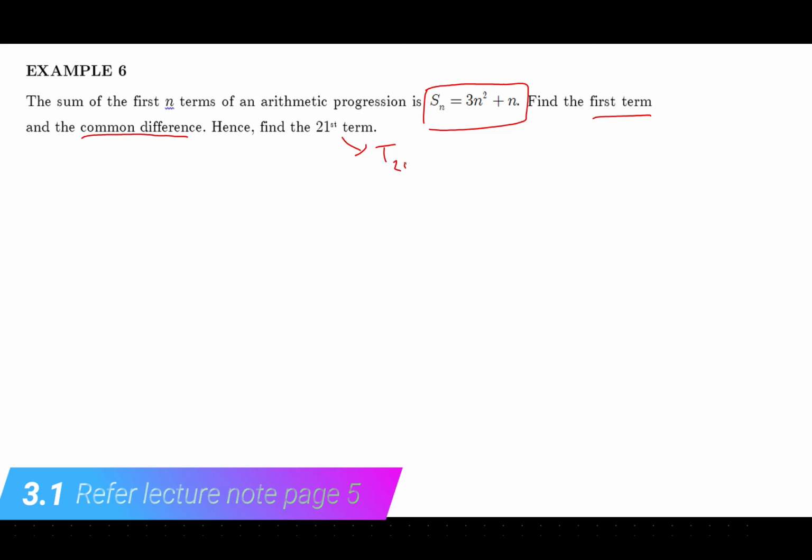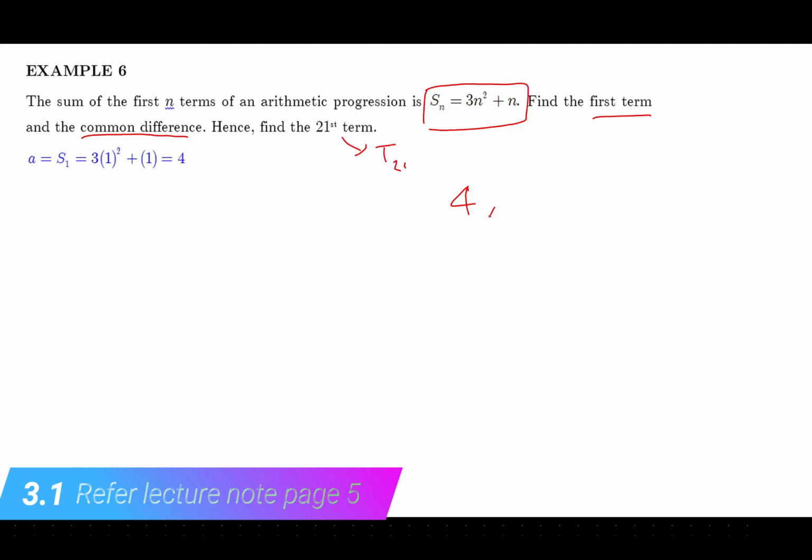So to find A, the first term, we can get our S1 because S1 is the sum of the first term. So to get A again, we substitute n with 1 into our Sn to get 4. So now we have 4 as our first term in our sequence.